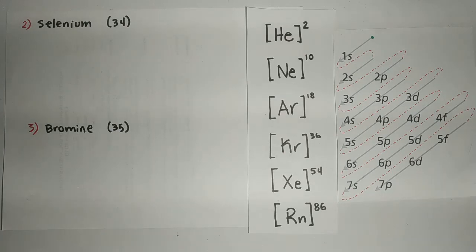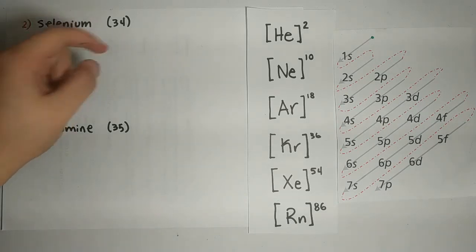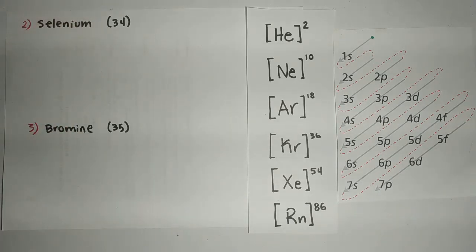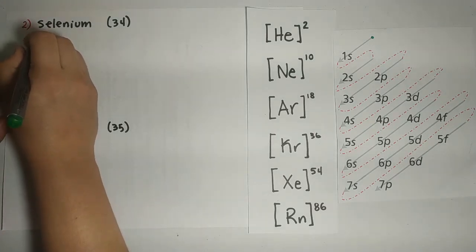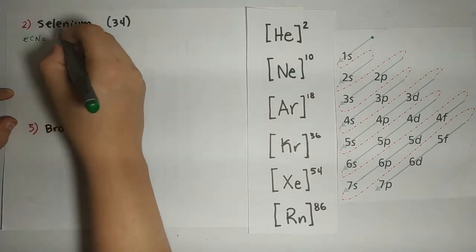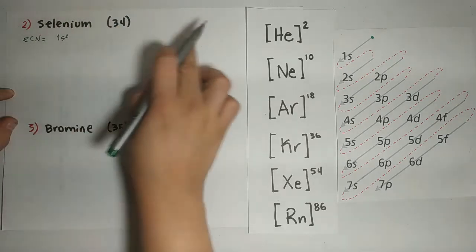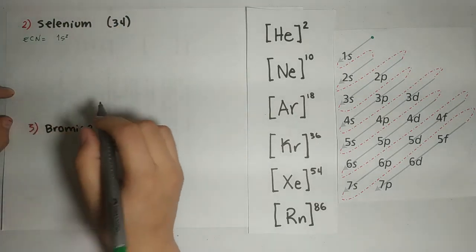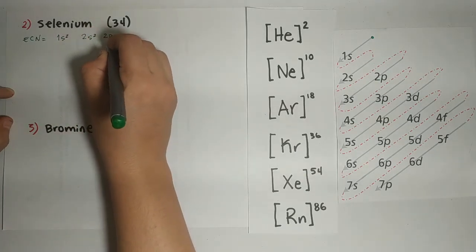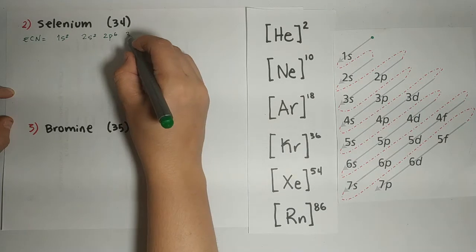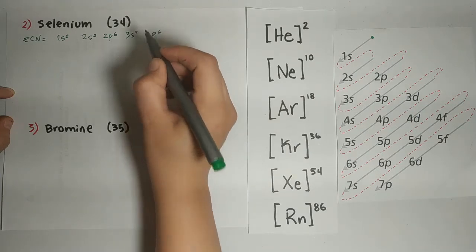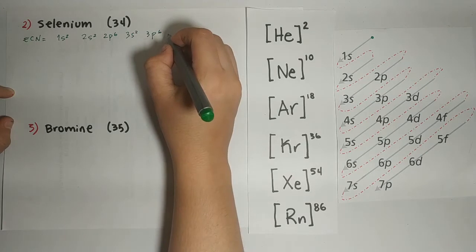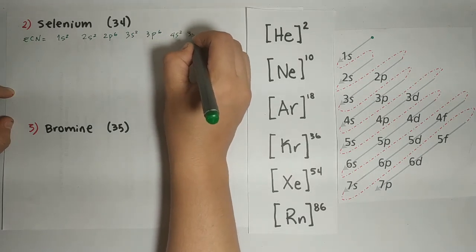Let's do more examples for selenium and bromine. As you can see, those elements are very close, 34 and 35. They are next to each other in the periodic table. First of all, we're going to build the electron configuration of selenium. I can do it in a single line: 1s2, 2s2, 2p6, 3s2, 3p6, 4s2, 3d10.